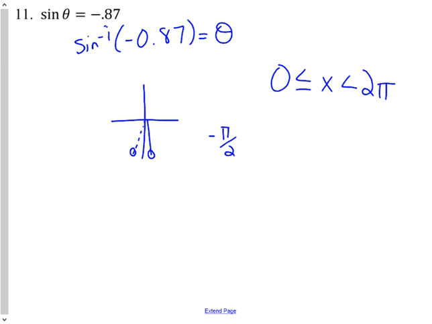That's one part of it. And 2, we have to manipulate the answer the calculator is going to give us to find the reference angle, so that we can use it to find our quadrant 3 answer, and then use it one more time to find our quadrant 4 answer, which lies between 0 and 2 pi.